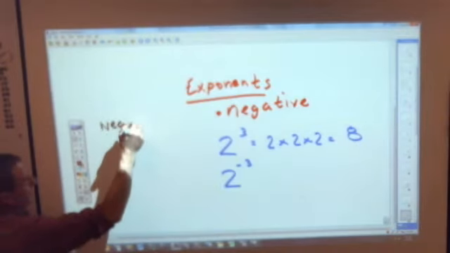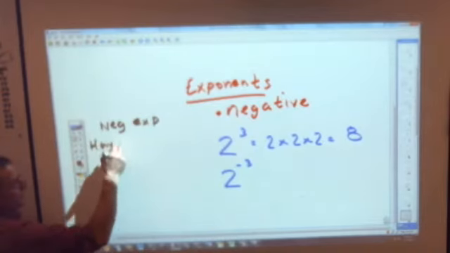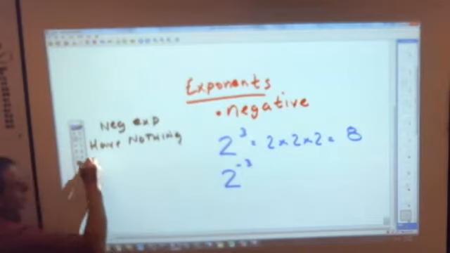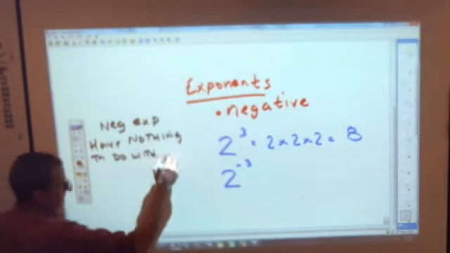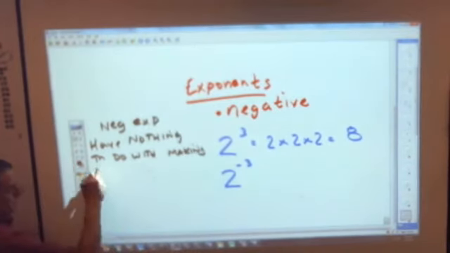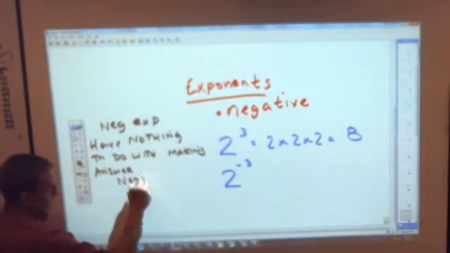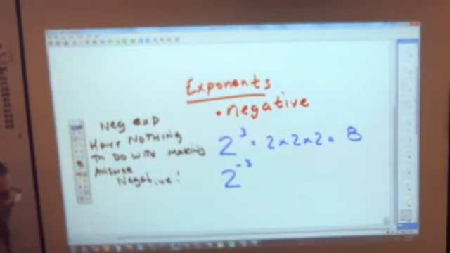Negative exponents have nothing, I repeat, nothing to do with making your answer negative.